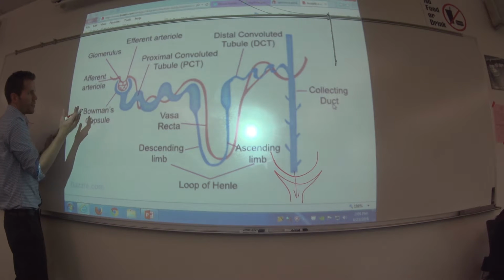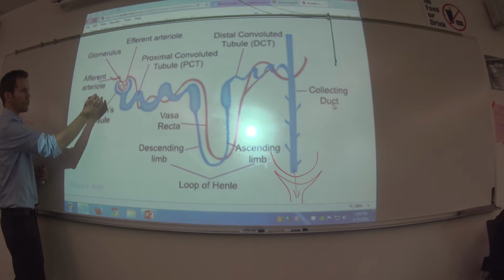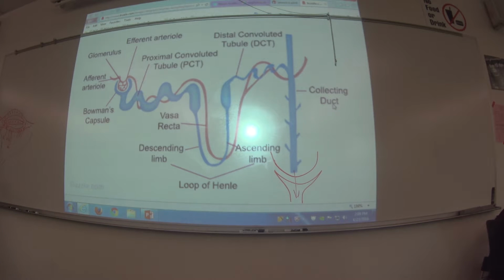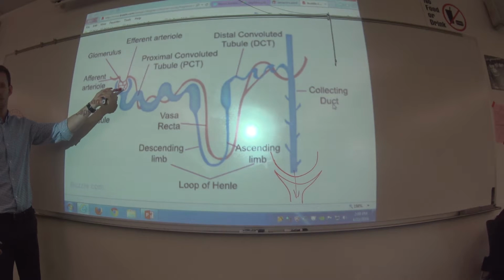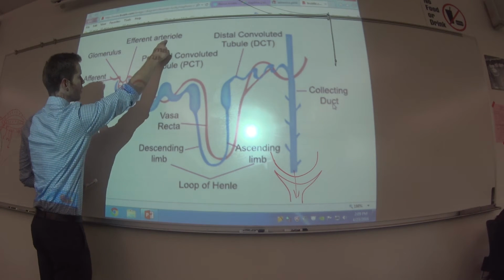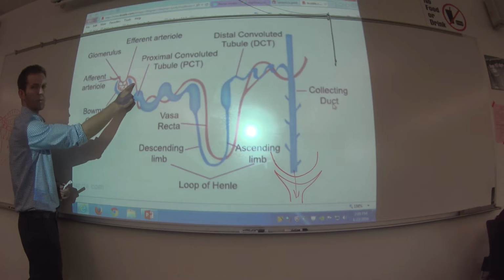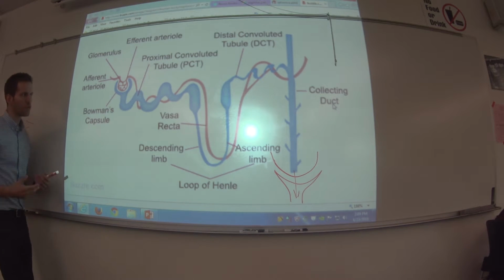And so it just has a special name. It's called the afferent arteriole. Afferent means to bring to. If you remember, that's another term that's used for neurons. Neurons coming in, sensory neurons, another name for them are afferent neurons. So this is the blood going to the glomerulus. And then you also have an efferent arteriole, which is leading away from the glomerulus. Pretty straightforward.